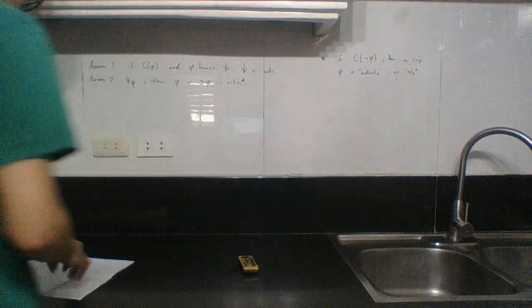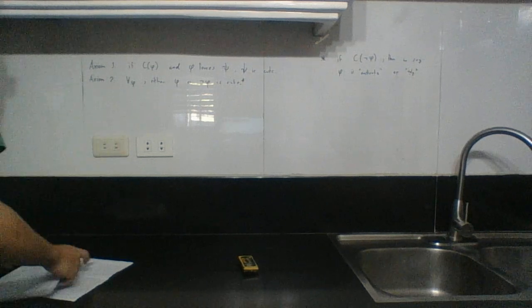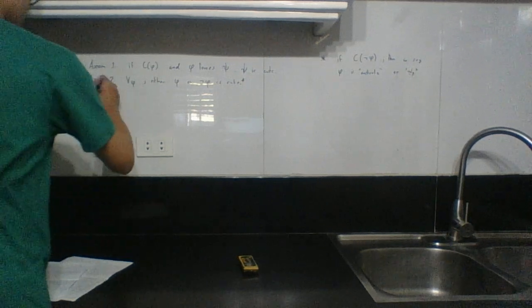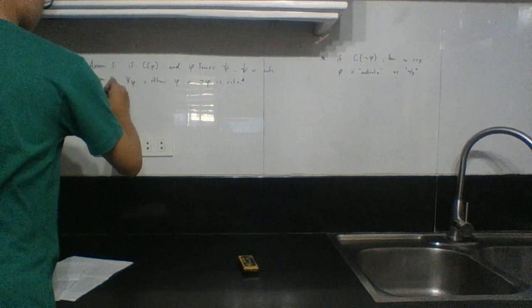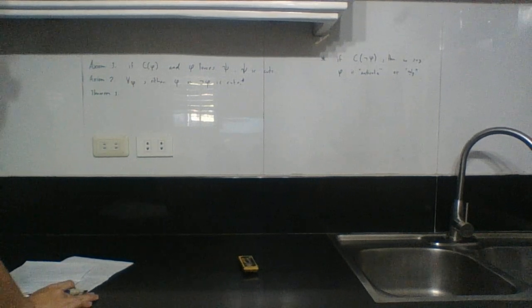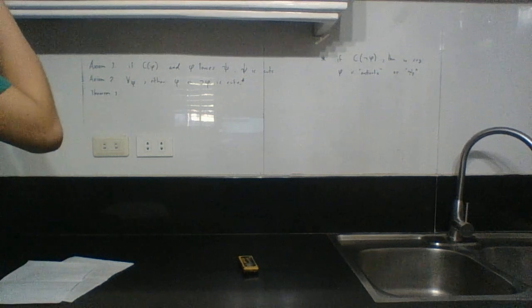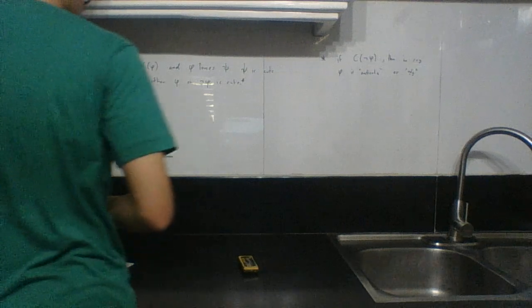Alright, axiom 2. Now that we have our two axioms, theorem 1, which is named good things can happen, but we're renaming it to cute things can happen.